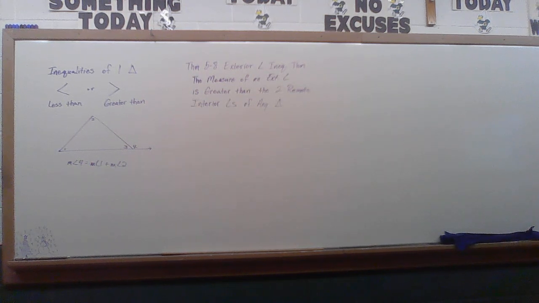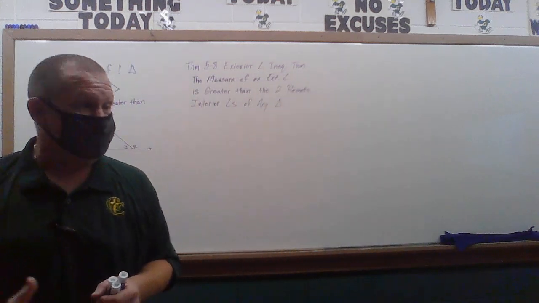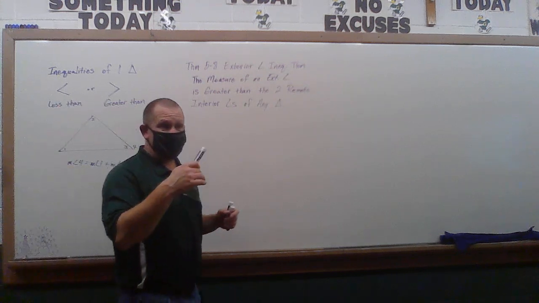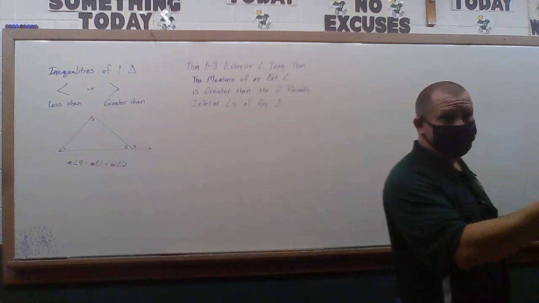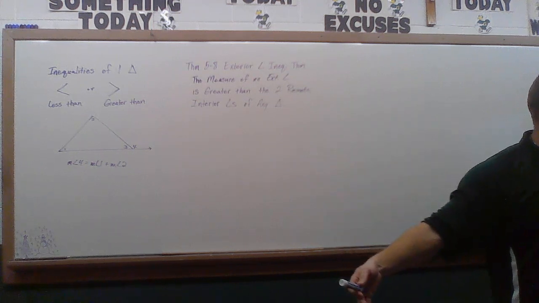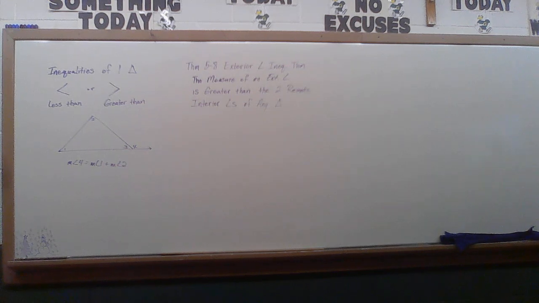I never know what is true about a linear pair, but I can use vertical angles because we know the definition of a vertical angle: they are congruent to each other. So if one angle is bigger than the other, and it's congruent to another because of vertical angles, obviously it's bigger than the third one. That's our transitive property. Okay? And we'll make more sense of this in a little bit.